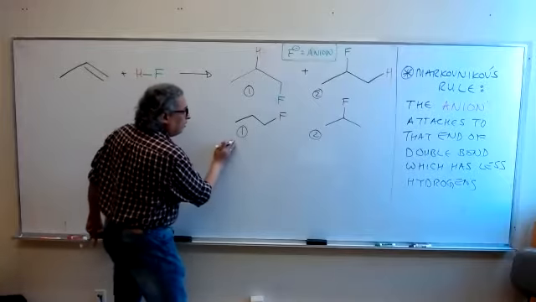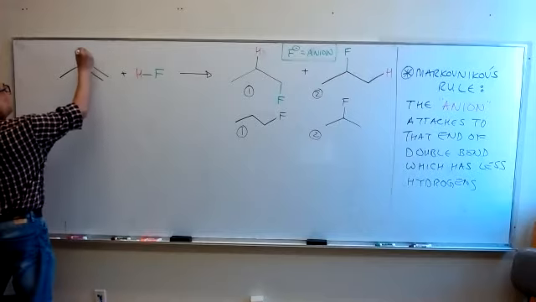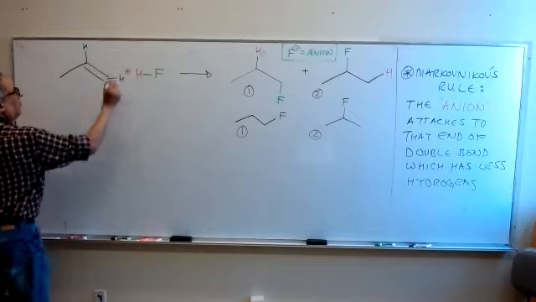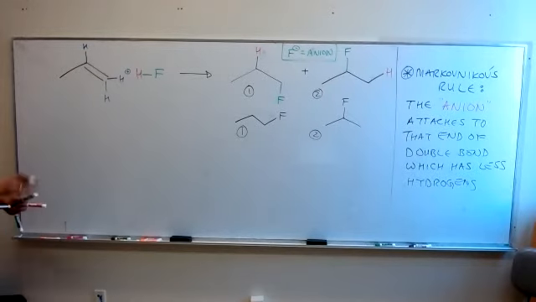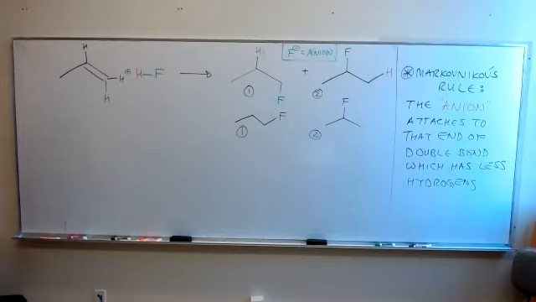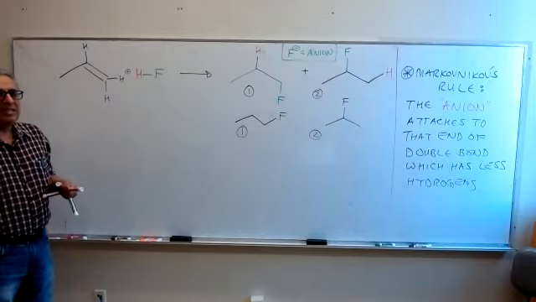So is 1 a major product or 2 a major product? Figure it out. This end has which one is major product according to that rule? Vincent. The anion likes to attach itself to that end of the double bond, which has less number of hydrogens in the original alkene.